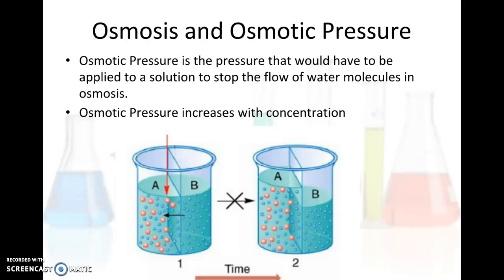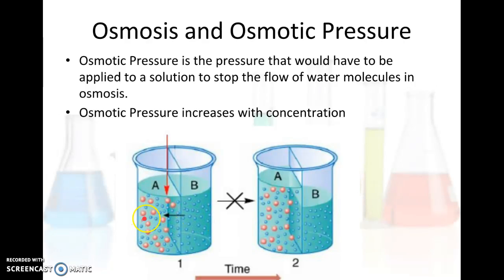So, osmotic pressure. Osmotic pressure is a little hard to understand, so I'll give you a nice, easy explanation here. Osmotic pressure is the pressure that would have to be applied to stop the flow of water molecules in osmosis. So what normally happens here is, here's our water, here's our solute.